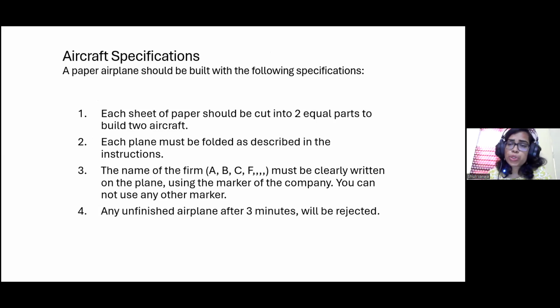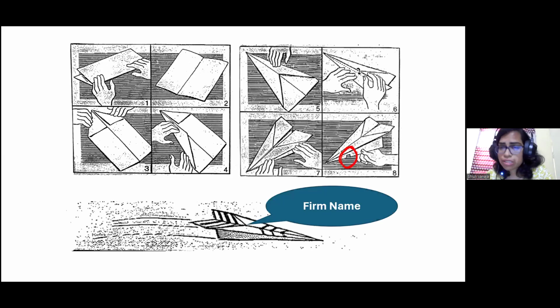Now, how would you build the paper plane, right? So you will get a piece of paper, you have to cut it into 2 equal parts. Then you will have to make the plane. Right, this is the process which is shown. Most of the people know, but we'll also demonstrate this in the class, that you have to make planes like this.